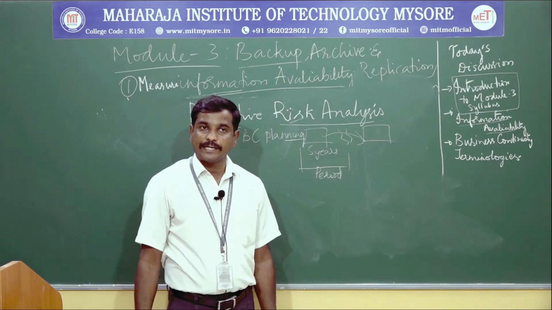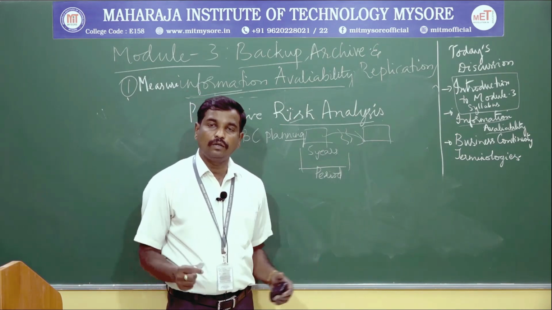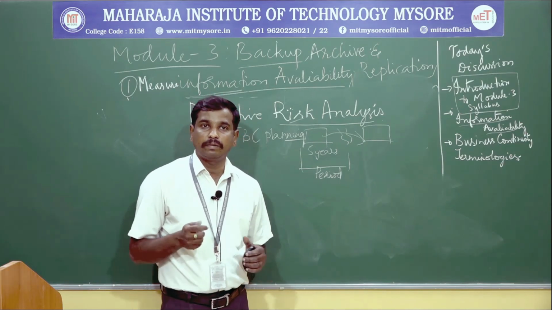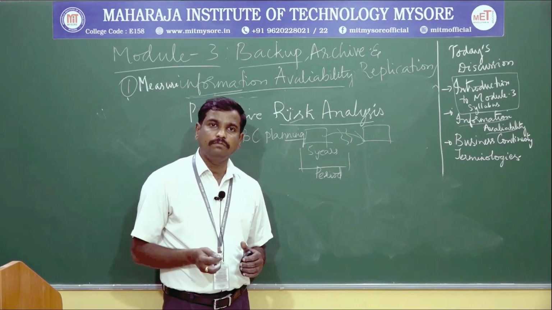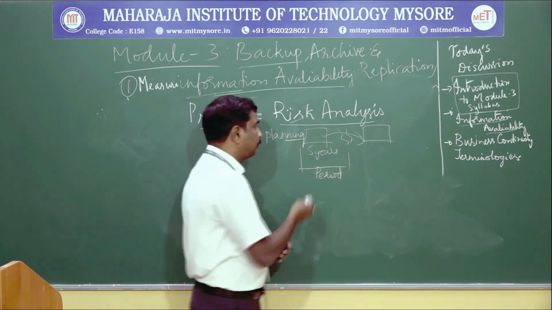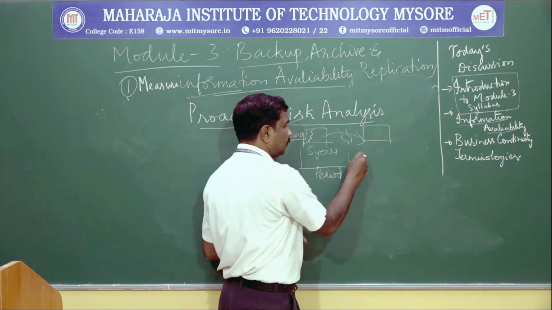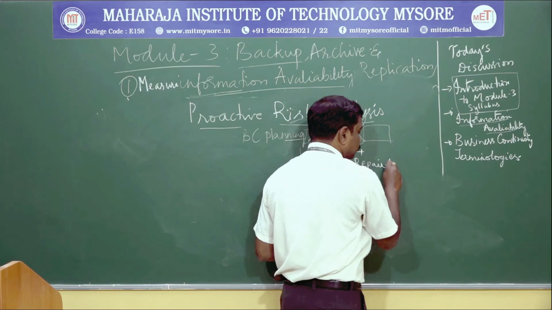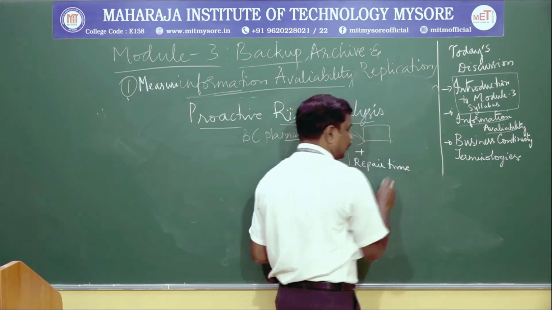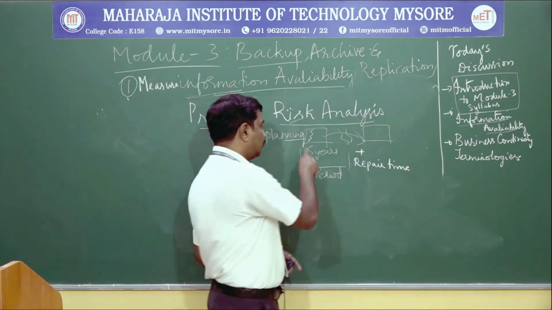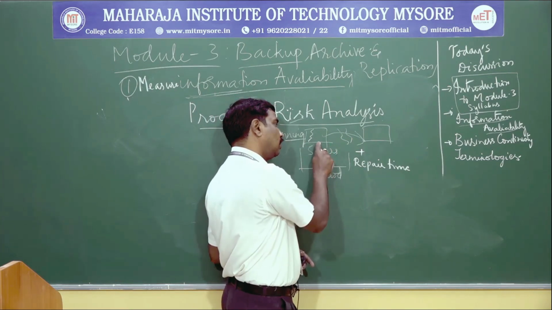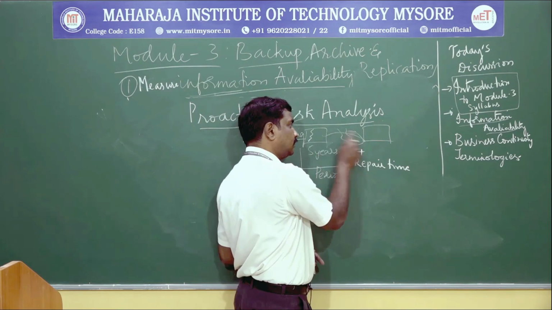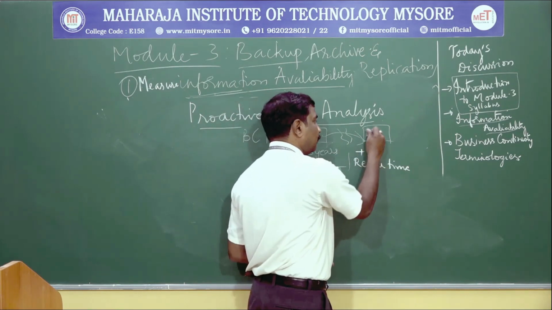So the rate of failures occurring in the components needs to be measured, and sometimes we need to have some repair along with that. So we need to identify the repairing time. Assume that after 5 years these components will become faulty. So we shift all the services to the new components.